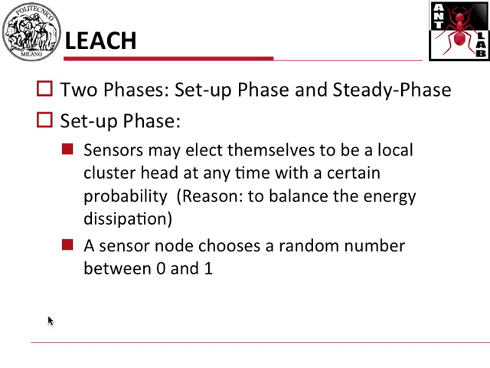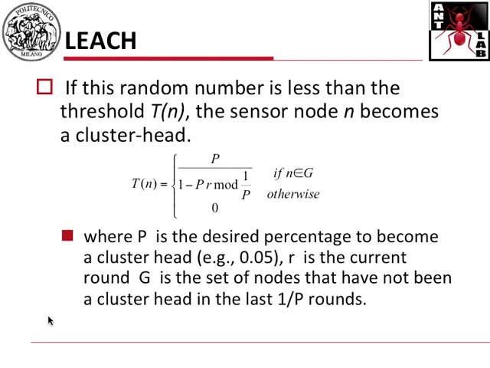Depending on this random number, according to a very simple policy, the node elects itself as a cluster head or not. This policy for cluster head election is defined by the equation you see in the slide. This equation defines a threshold, called T(n), which is used by the sensor node to decide whether to elect itself as a cluster head or not. The node has drawn a random number, right?